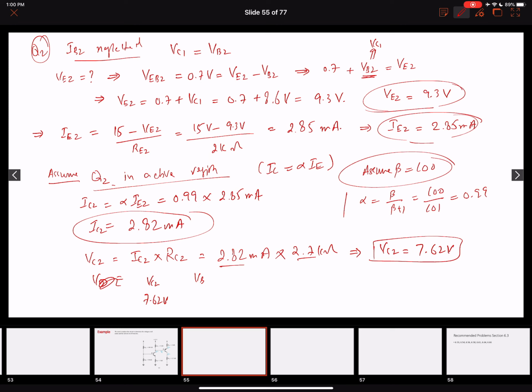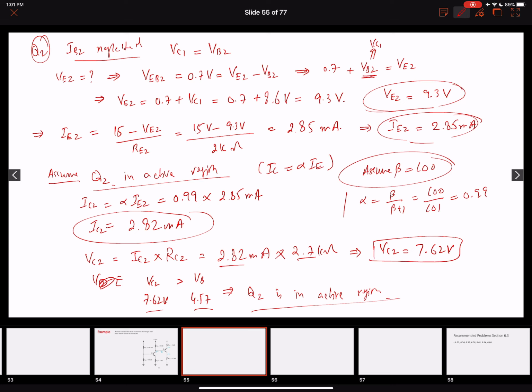So our base voltage is 4.57 and the collector voltage is 7.62. Since our collector voltage is at a higher potential as compared to the base voltage, this means that Q2 is still in the active region.